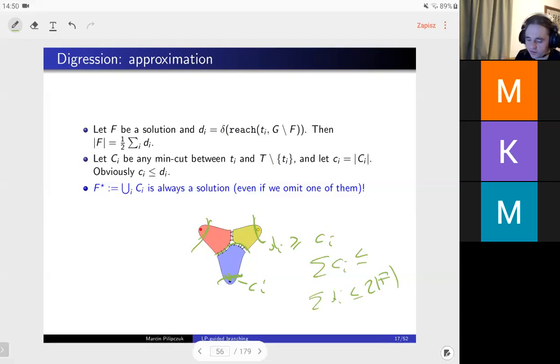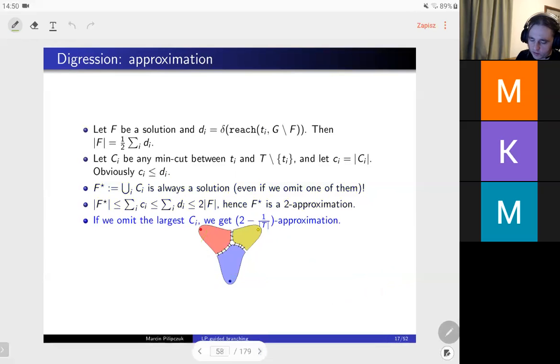So this is the sum of ci's minus one ci; you can skip the largest ci. So you can actually get a 2 minus 1 over t approximation to the problem, because you can skip one of the ci's in the sum. Okay, so this is what I said.